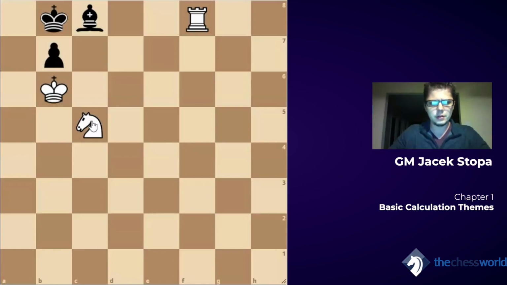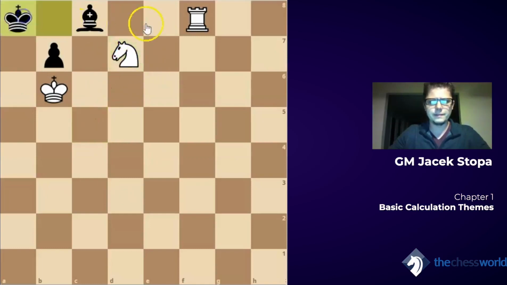But for now, I just wanted to briefly discuss why this would not be a good chess problem. Because, on the first side, there would be a basic knight d7. And this is checkmate.